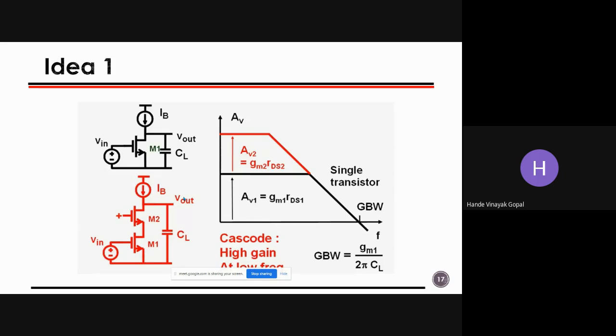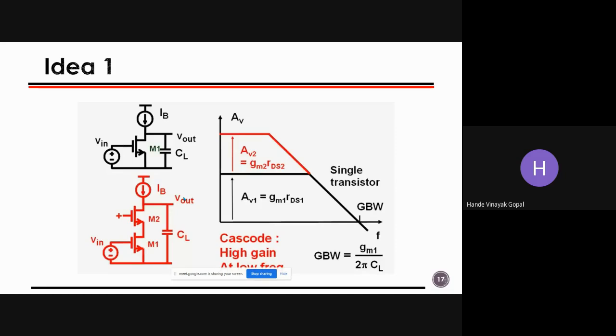Everybody knows that we can use a cascode. With the cascode we get high gain at the lower frequency, where again your dominant pole will be shifting to a lower frequency.